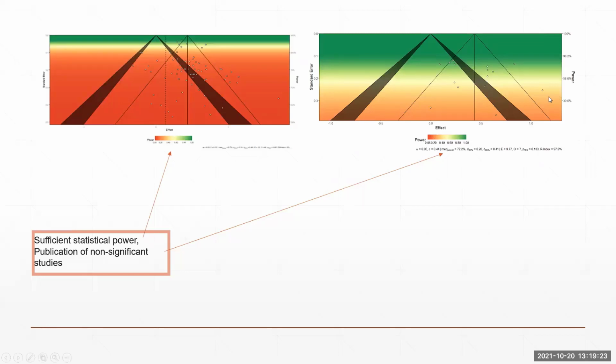And below here you have the reproducibility index, which is near 100%. So if we reproduce the effect with the mean sample size of all studies included in the meta-analysis, we will have a 100% chance to replicate the effect if the effect exists. And this effect is about vicarious cognitive dissonance, if I'm correct.